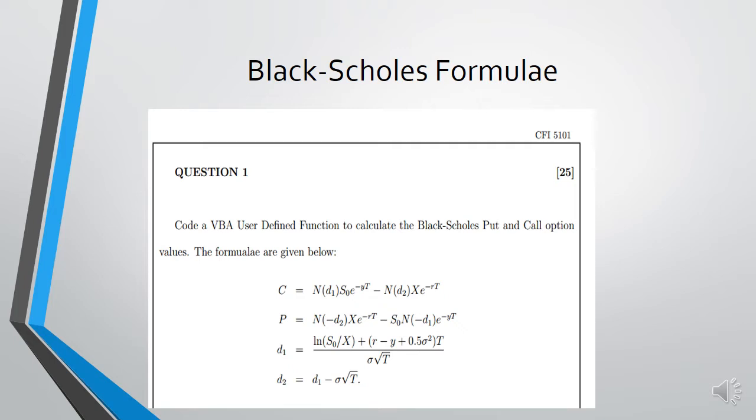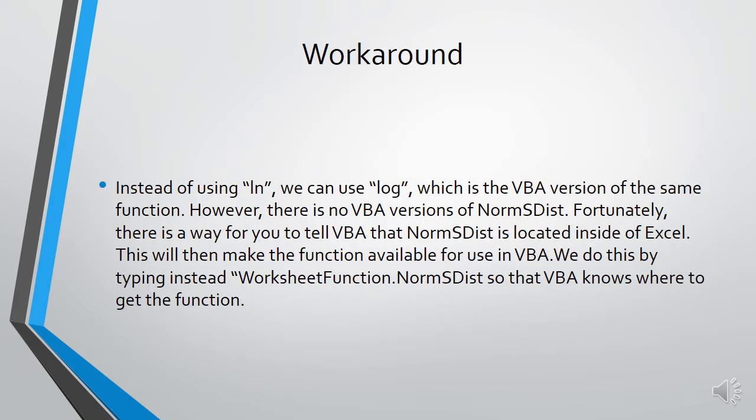You'd realize that instead of using ln, we have got within Excel the log function, which is a similar version of the same function. In Visual Basic for Applications, we will not have directly the NormSDist function, but we now need to take it from the Excel worksheet functions where we are normally used to seeing it.